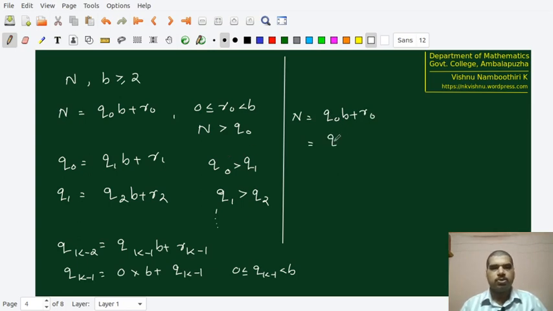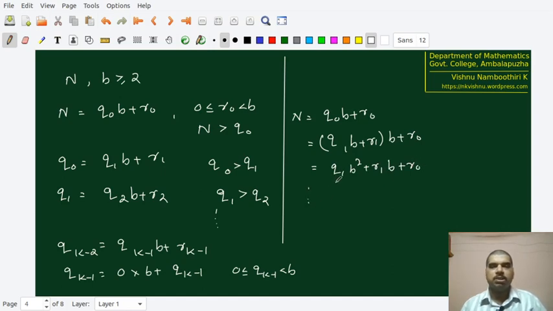So this is equal to, for q naught we are substituting q1 b plus r1 into b plus r naught, which on expansion we get q1 b square plus r1 b plus r naught.